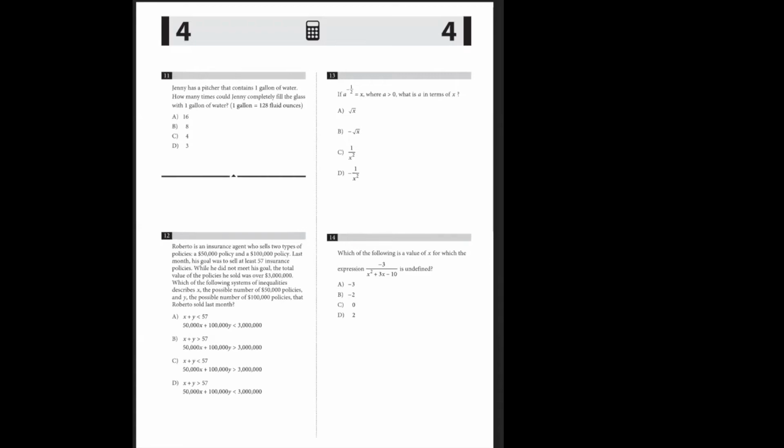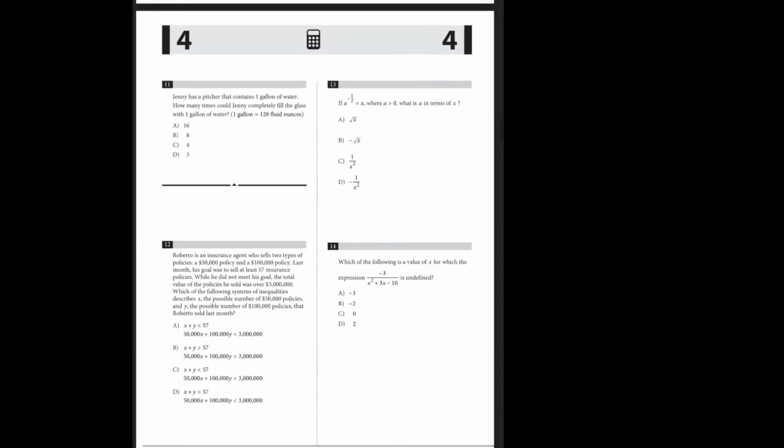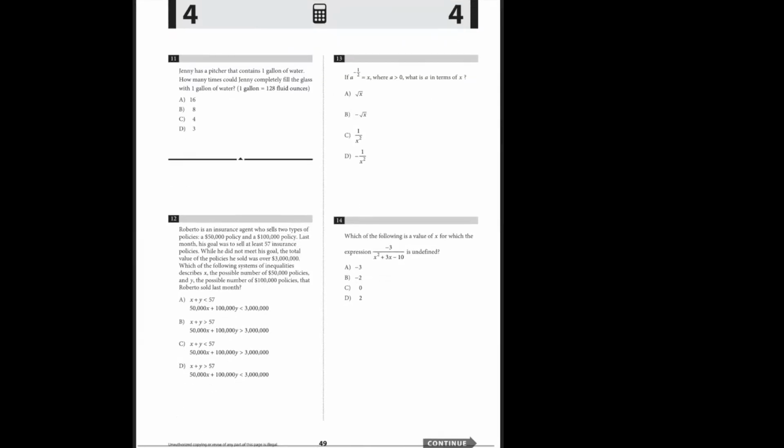So let's see. A to the negative 1 over 2. Well, a to the negative 1 over 2 can be rewritten as, oops, sorry, forgot to freeze the screen. It can be rewritten as 1 over a to the 1 over 2. Because when you have a negative exponent, the equivalent is 1 over the positive version of that exponent. And that's going to be equal to x.